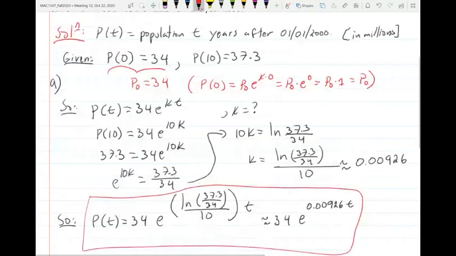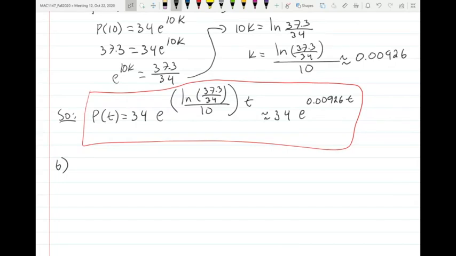So straightforward, so let's do it. For part B, all we have to do is figure out what P of 18 is. This is going to be 34 times e to the, I'm going to work with the simplified model, so this times 18. Let me store in memory here the exact value.